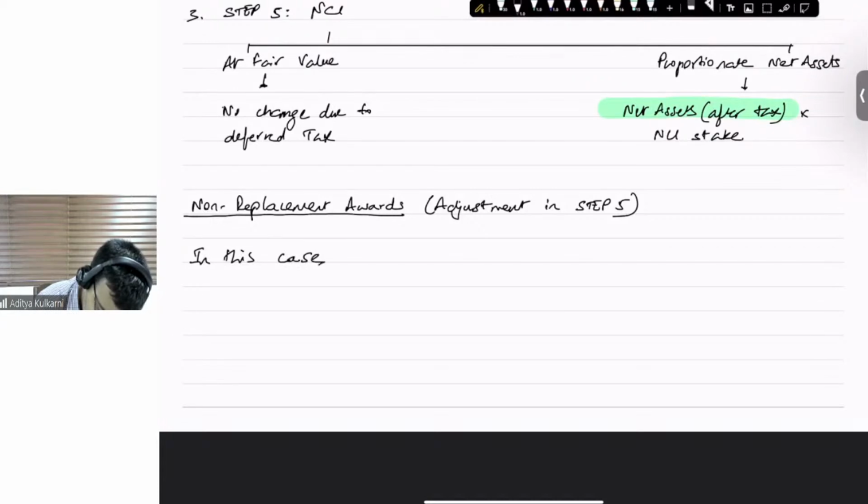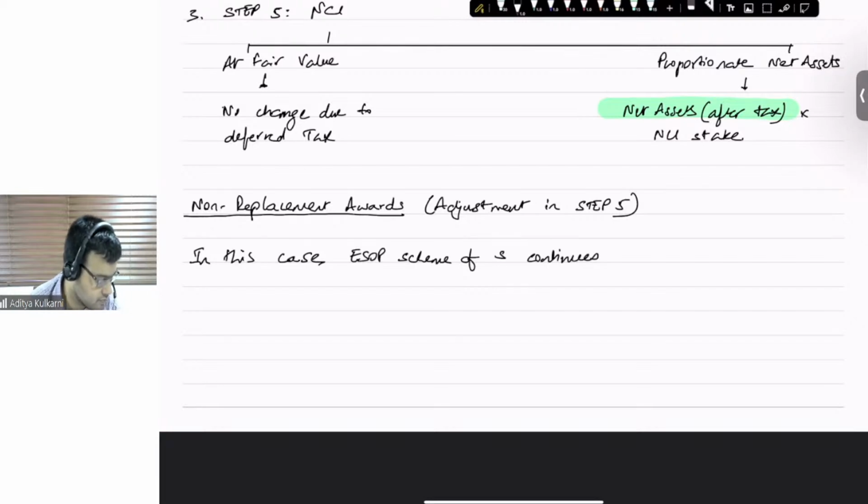In this case, ESOP scheme of S continues as it is.